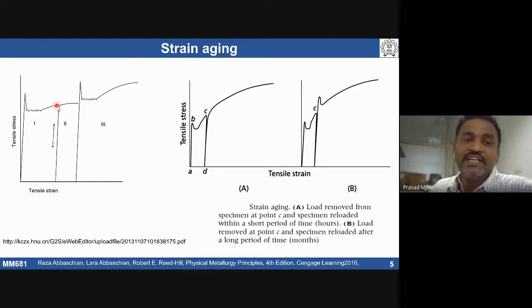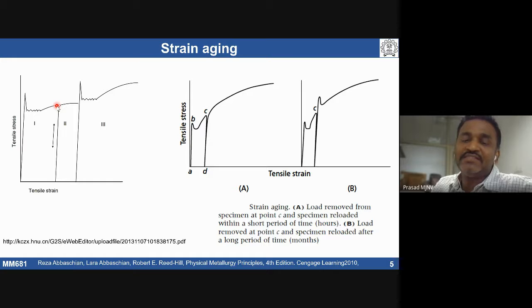So during aging, if you hold it for a long time at room temperature, the dislocations are stopped. Because we already created the dislocations, they will not move, but solute atoms can migrate and diffuse to the dislocations. So again the solute atoms interact with the dislocations during aging time, and that basically locks the dislocations.